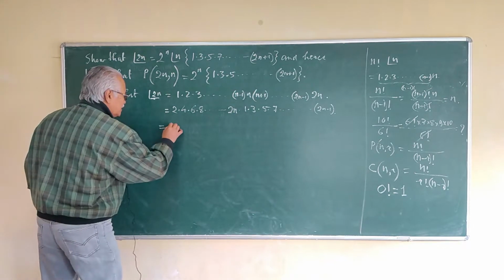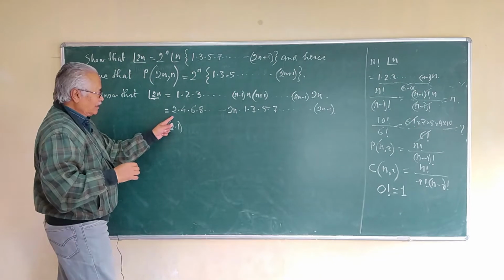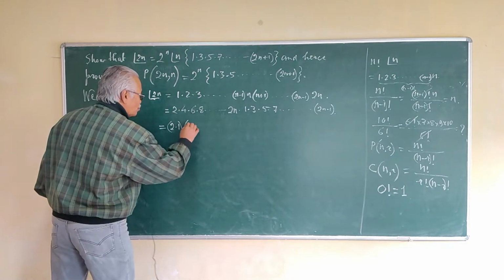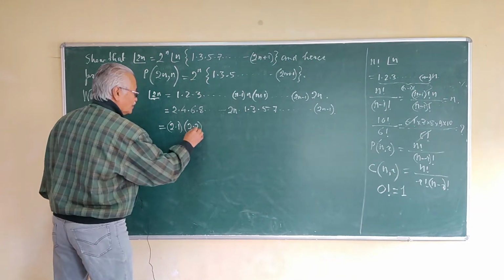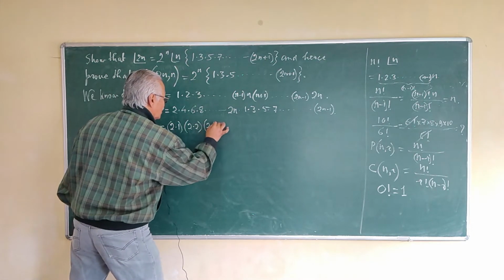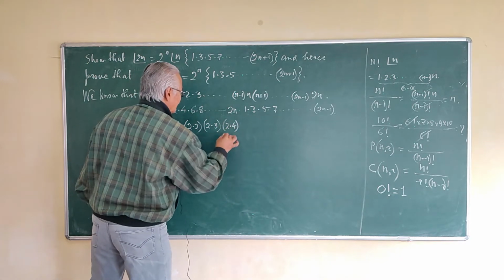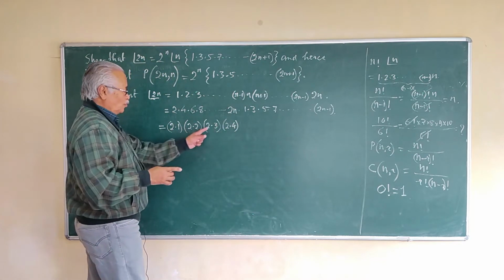Okay. Now if you look at this, 2 into 4 into 6 into 8, you can write 2 into 1 as 2, and 4 can be written as 2 into 2, right? And then similarly 2 into 3, and then 2 into 4, right? Mind you, it is not 2.4 or something.